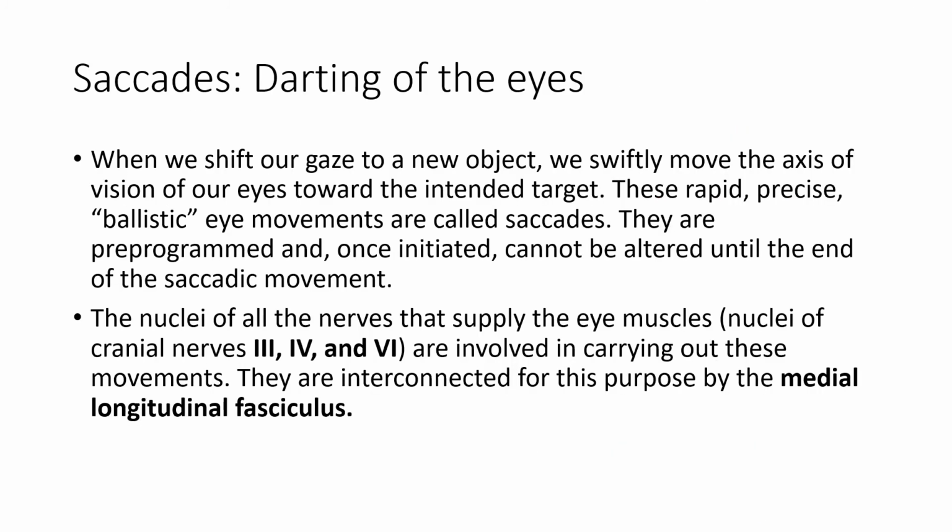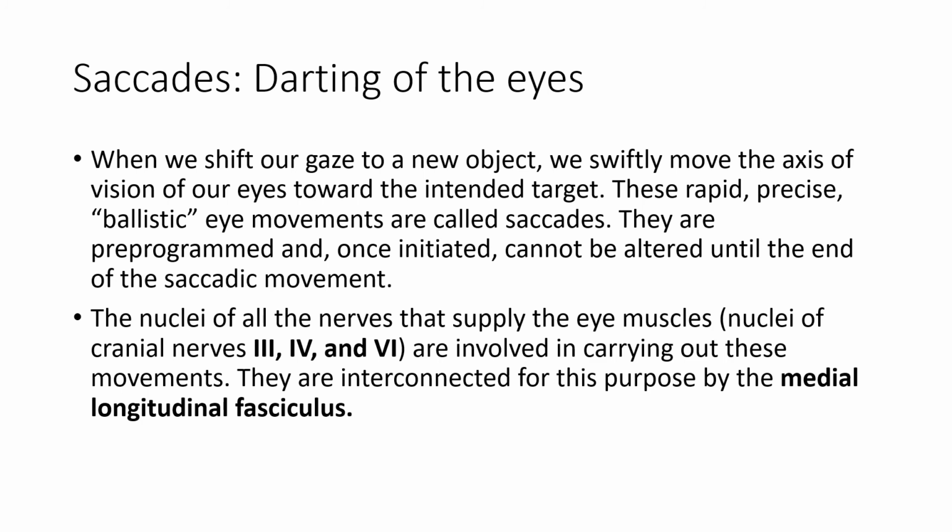When we shift our gaze to a new object, we swiftly move the axis of vision of our eyes towards the intended target. These rapid, precise, ballistic eye movements are called saccades. So we have nystagmus, which is that kind of wiggle waggle, usually associated with some sort of deficit. We have a normal one called optokinetic, but we have our saccades, we have nystagmus, and we have smooth pursuits.